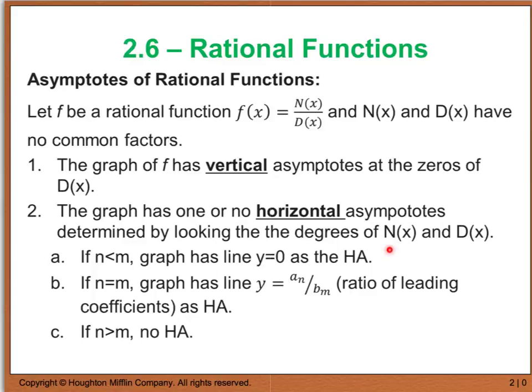An example of this would be something like y equals 3x squared divided by an x cubed function. It could be x cubed plus 1. It doesn't matter. All we're looking at is the degrees of the numerator and denominator. Now for part B, it says if the degree of the numerator equals the degree of the denominator, then the graph has a horizontal asymptote at the line y equals the coefficient of the numerator divided by the coefficient of the denominator.